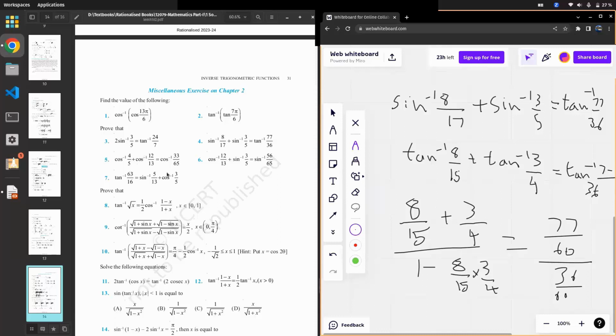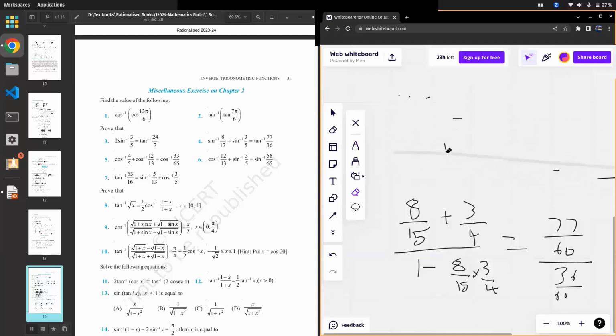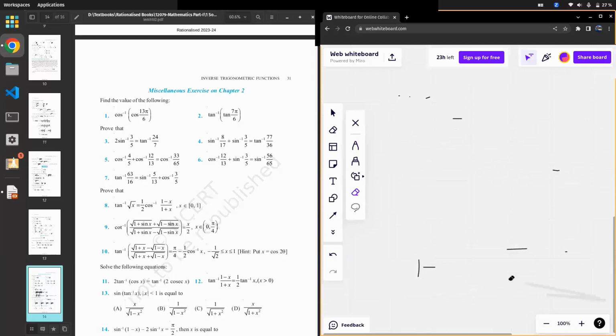So next we move to the fifth question. Here all are cos inverse of x terms, so we can easily check this by applying cos on both sides. We know cos of A plus B is equal to cos A cos B minus sin A sin B. So first we have to find the cos inverse of 4 by 5 in terms of sin inverse.